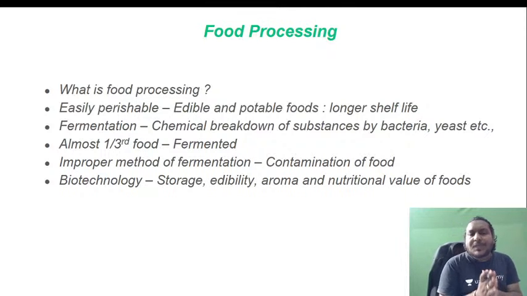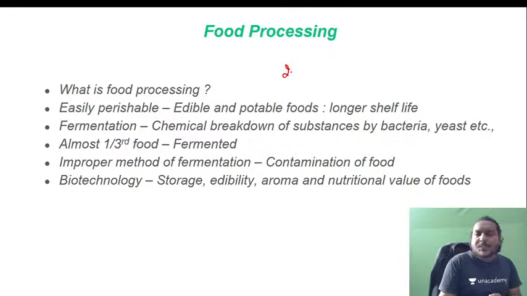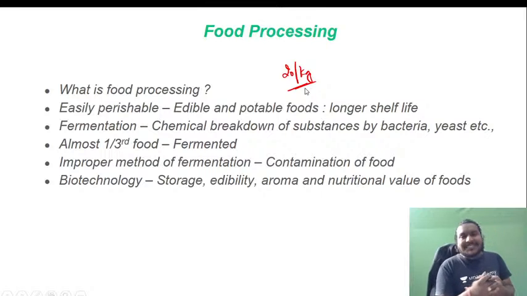So what is this food processing? When I go to a market to purchase, let's say, tomatoes, and the person says the tomatoes are 20 rupees per kg, what do you do? You bargain, isn't it? People keep bargaining.